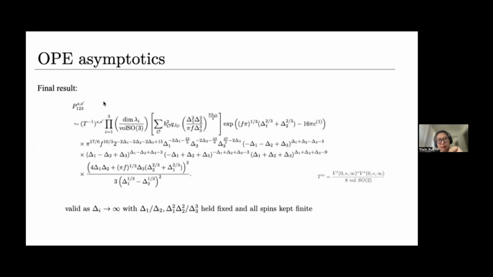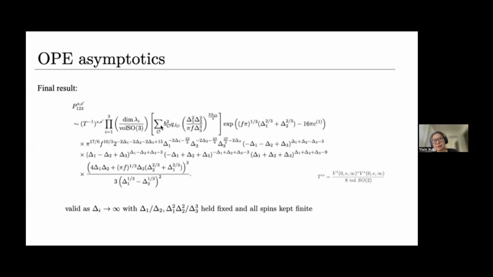This formula is valid when you travel along certain rays in this space as you approach infinity. Now you can choose a particular family of such rays in the delta space so that this quotient is very small. Then if you go along such rays, you can essentially just focus on the first two terms in the sum.